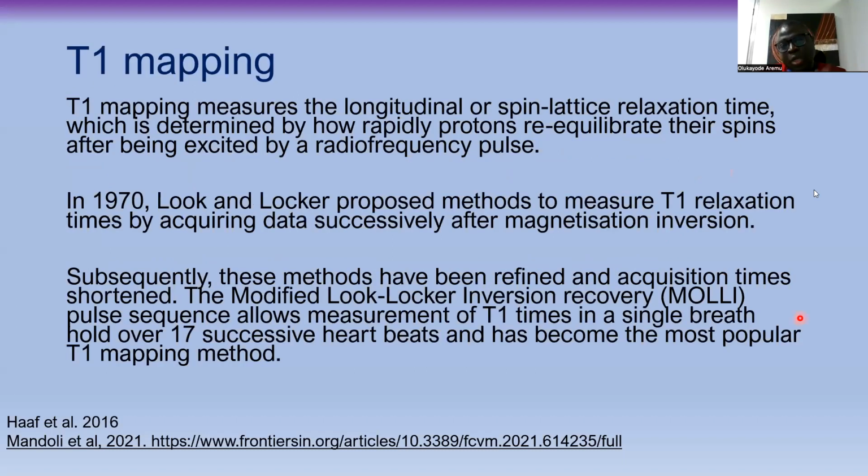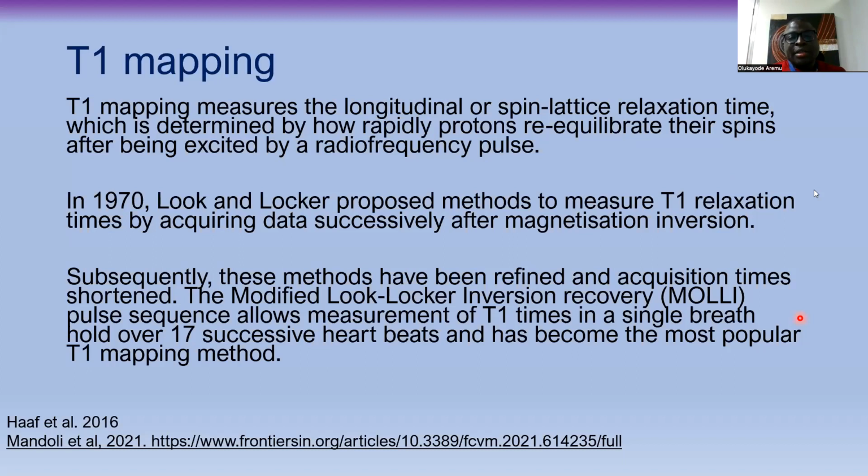And then how does T1 mapping work? Just like I was trying to explain the other time, T1 mapping measures the longitudinal or spin-lattice relaxation time, which is determined by how rapidly protons re-equilibrate their spins after being excited by radio frequency. And there are sequences, or methods, that were in play in 1970.